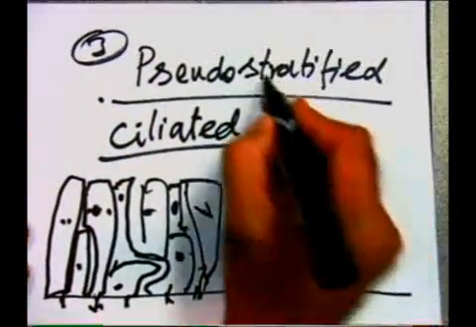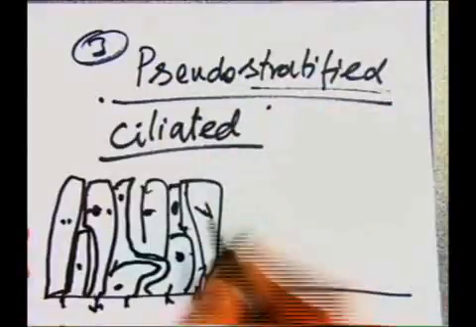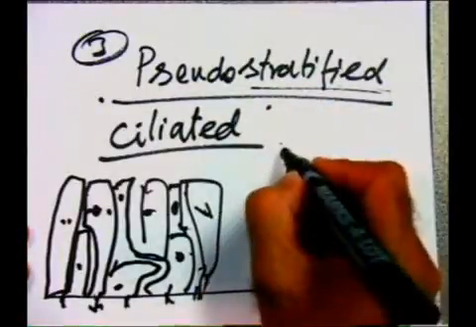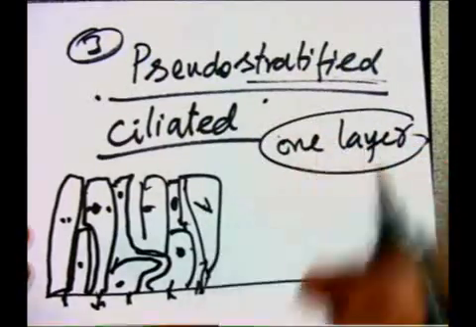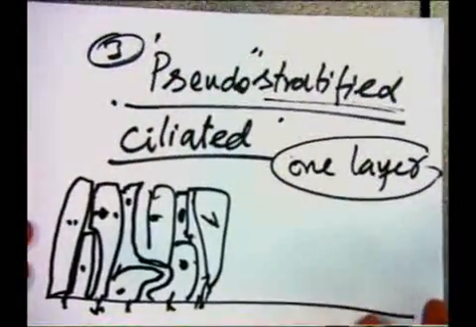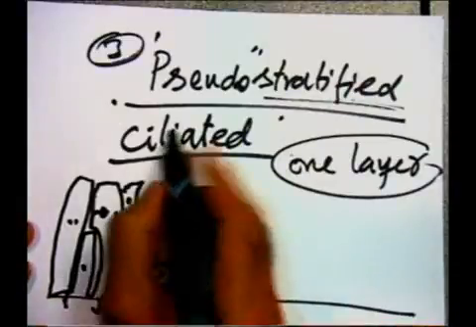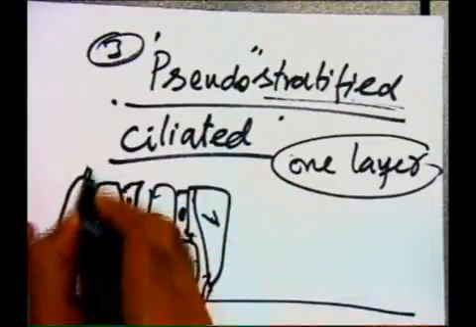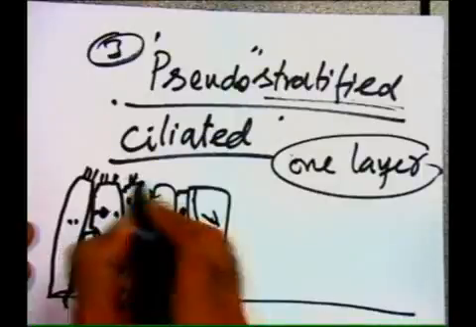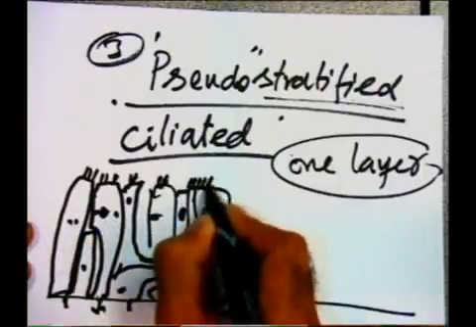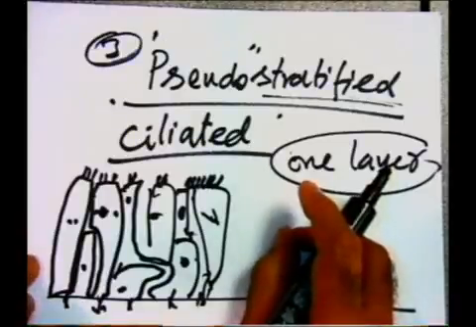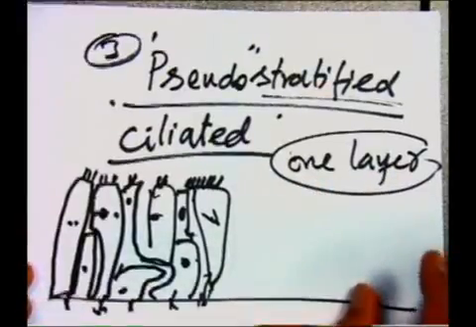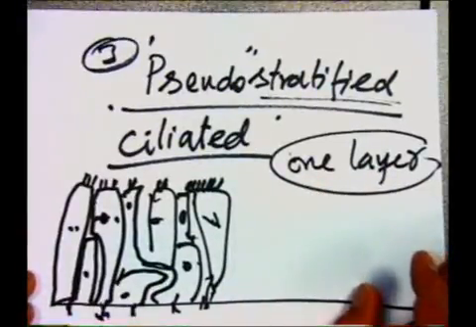It looks like stratified or multiple layers, but actually it is only one layer. That's why we call it pseudostratified epithelium. And this is the columnar epithelium. Cilia are mainly present in the tracheal tubules, which we also discussed in our lab, right?